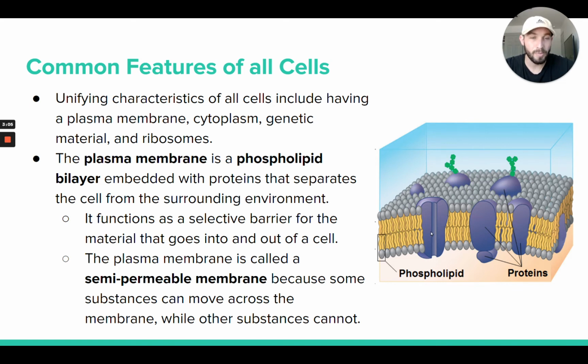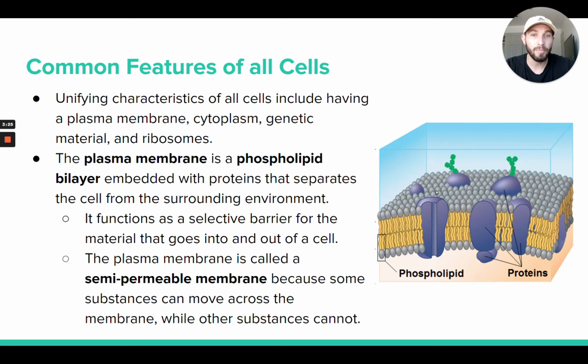And then also in the plasma membrane, you're going to see a bunch of proteins embedded in the membrane, and we'll talk a lot about this in the next set of notes. The next set of notes is all about the cell membrane. But these proteins are embedded in the cell membrane, and they do a huge variety of different things. Some of them, for example, are transport proteins, which allow things to go into and out of the cell.